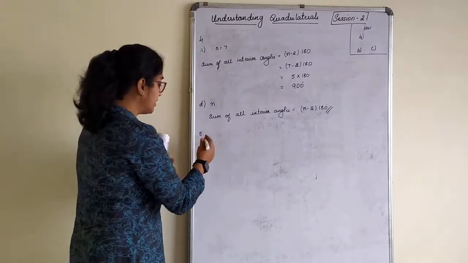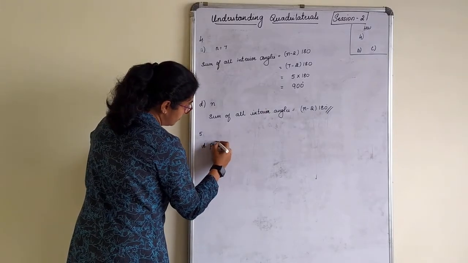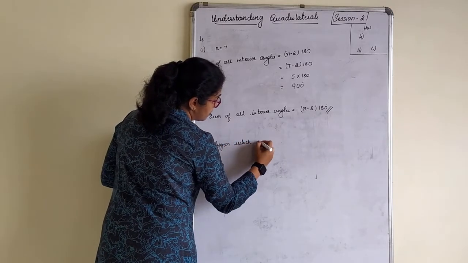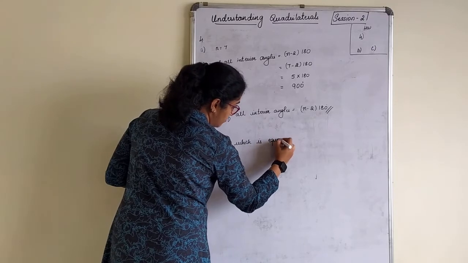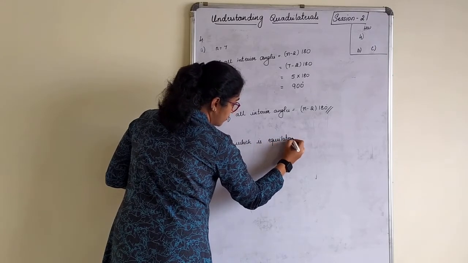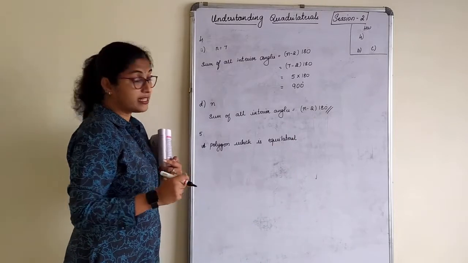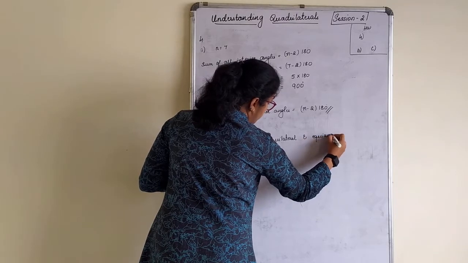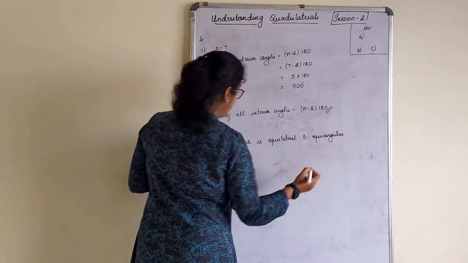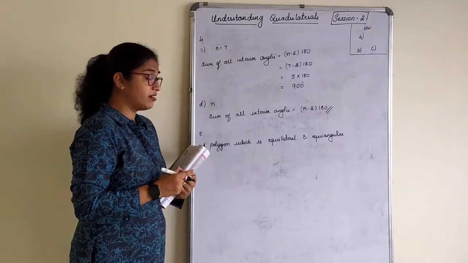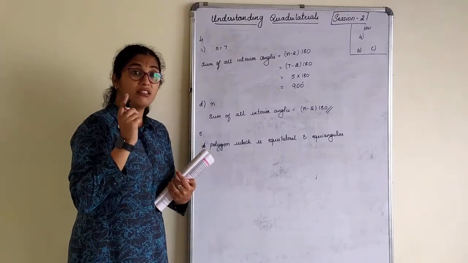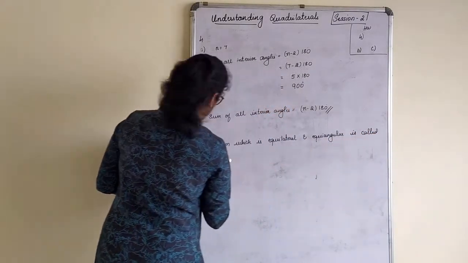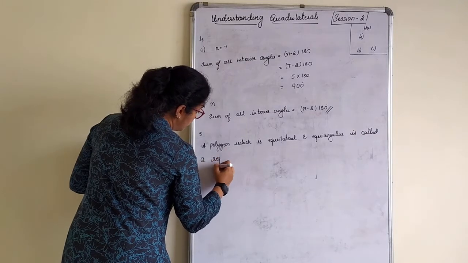Or I will write here, a polygon which is equilateral, which means all the sides are equal, and equiangular. A polygon which is equilateral and equiangular, that is, a polygon which has all the sides equal and all the angles equal, is called a regular polygon.